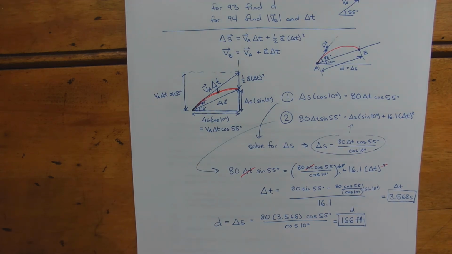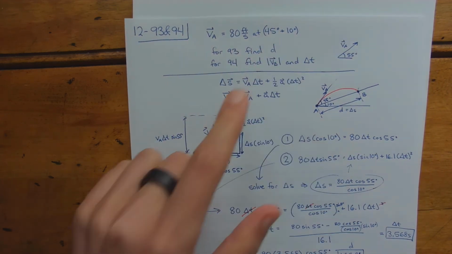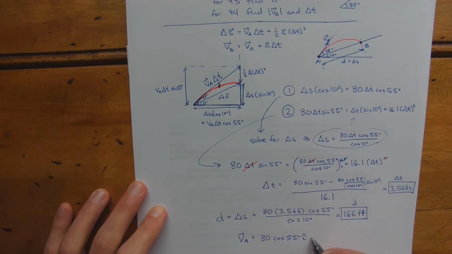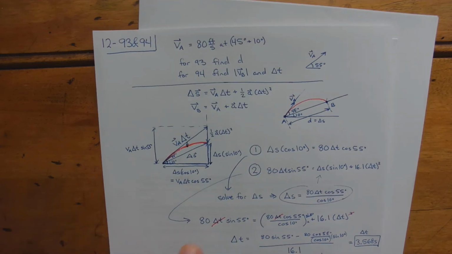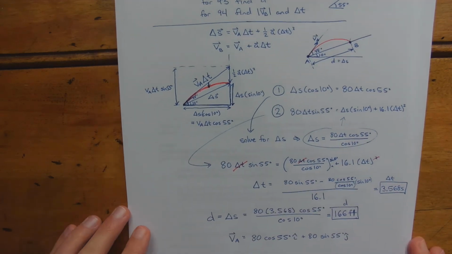And do we know the initial velocity? It is 80 feet per second at an angle of 55 degrees. So I'm just going to write that out as 80 times cosine of 55 degrees in the i hat direction plus 80 times sine of 55 degrees in the j hat direction. And you can figure that out from looking at that vector there.